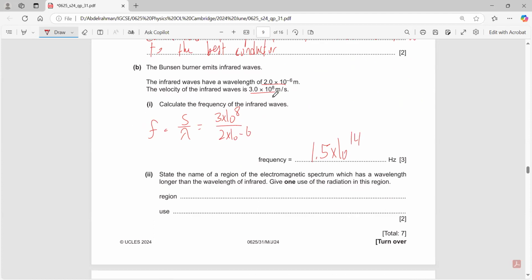State the name of a region of the electromagnetic spectrum which has a wavelength longer than the wavelength of the infrared. Give one use of this radiation. Microwaves, yes, or radio waves, yes. Gamma rays are wrong.